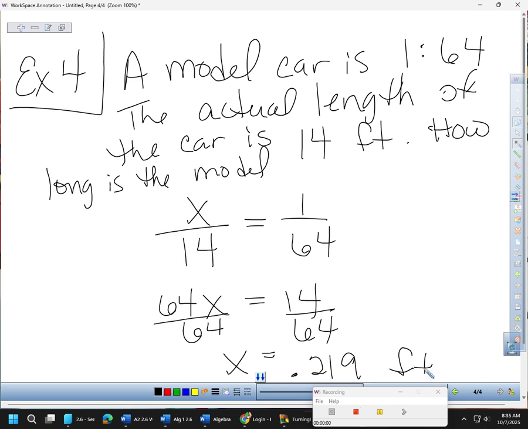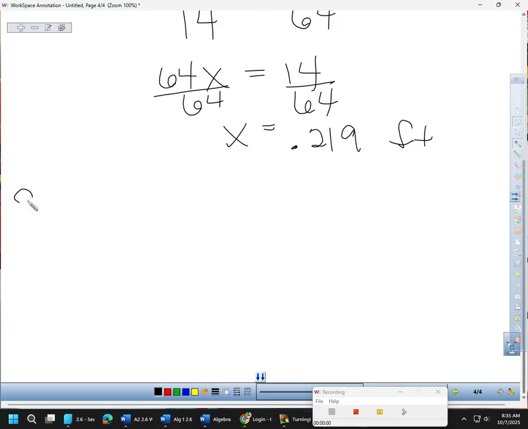Okay, so as long as we set our model up the same way, let's do one last one, and then I'm going to let you guys start your homework. Okay? Number 15, again, we're going to set it up, or number 15, example number 5.